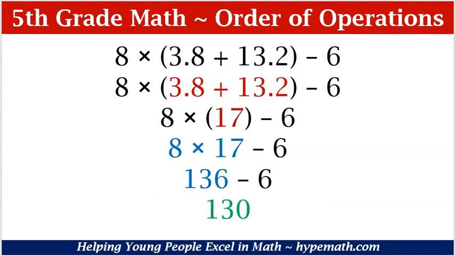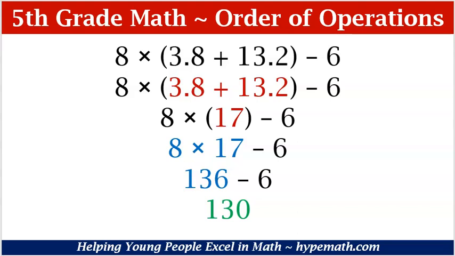That's how. All right. So looking at our expression again, we know that first we need to calculate what is inside of our parentheses, 3.8 plus 13.2. When we add those together, that is equal to 17. So now my expression is 8 times 17 minus 6.